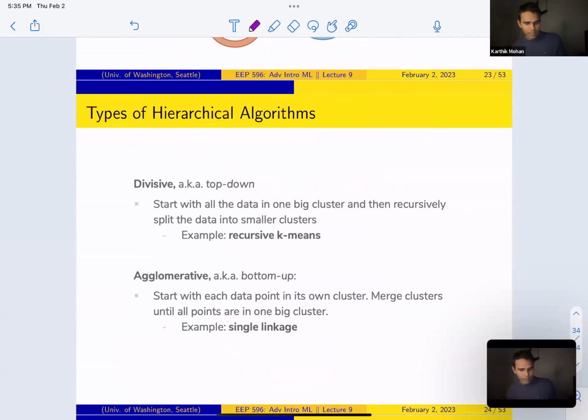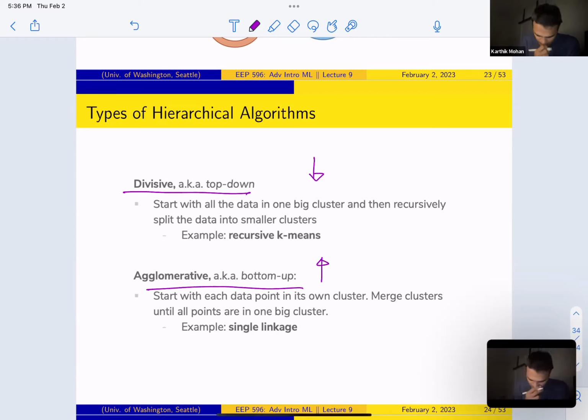There's two kinds of hierarchical algorithms. One is divisive, which is top down, and there's agglomerative, bottom up. Okay, so we'll focus more on agglomerative today because divisive clustering, though interesting, is not so much useful, especially for the weird clusters that we looked at before.